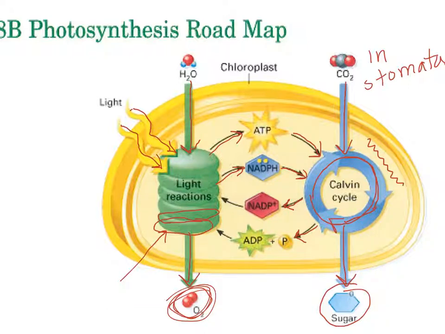But what you'll notice is the product of glucose is considered waste, because the plant doesn't need it anymore, or will need it in cellular respiration but doesn't need it for photosynthesis. But the ADP plus P that is produced by the Calvin cycle is going to be used in the light reaction, and then NADP plus that was produced in the Calvin cycle goes into the light reaction. So as you can see, this is all really cyclical.